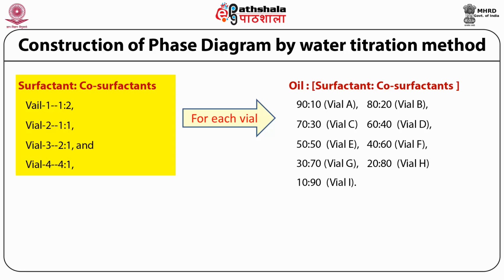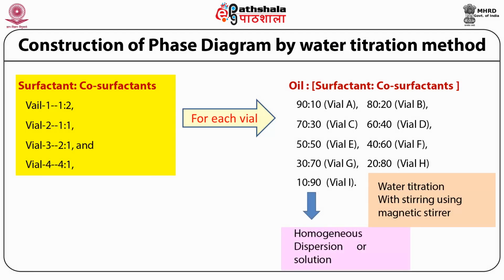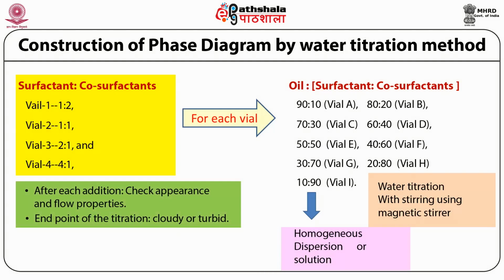These vials are then titrated with water under magnetic stirring to achieve a homogeneous dispersion or solution. In this process, for each vial while titrating, you have to check the appearance, clear, turbid, translucent or gel-like, as well as look into flow properties.